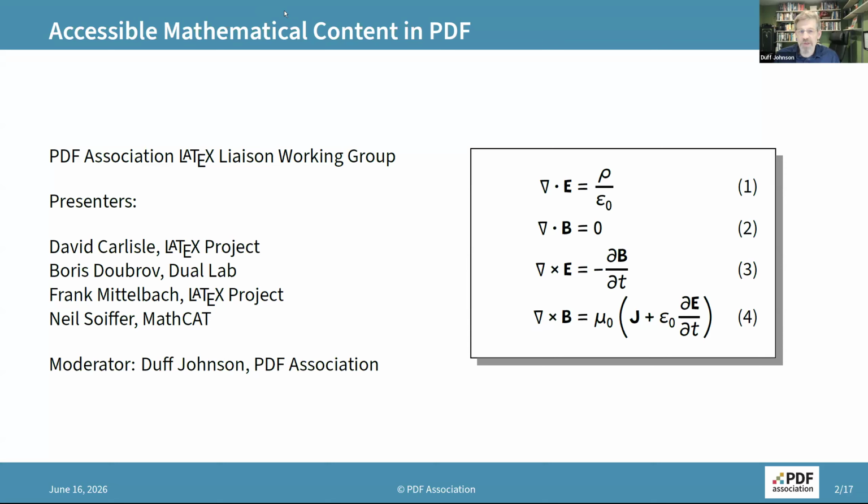And I would simply say to them that the way to pressure the vendor is to contact the vendor and tell them what you want. And you can be very specific now because you've learned a lot of information about what's possible for accessible math in PDF, and send them links to the guidance that the PDF Association publishes, to this webinar.